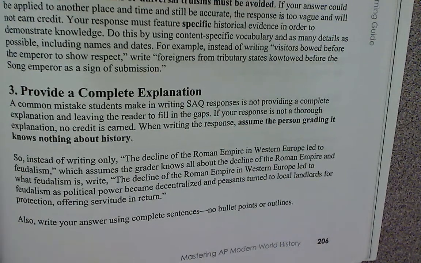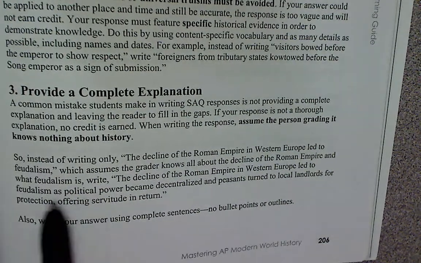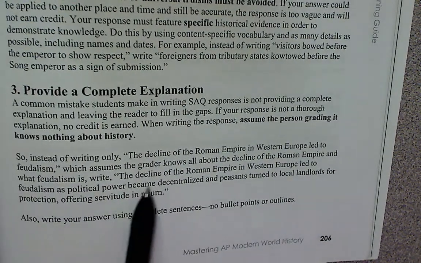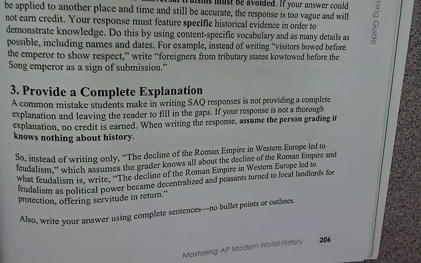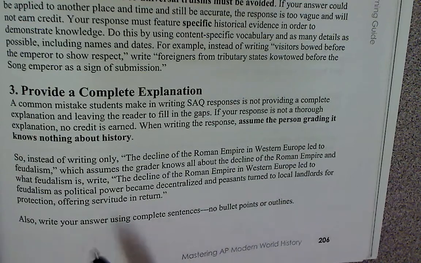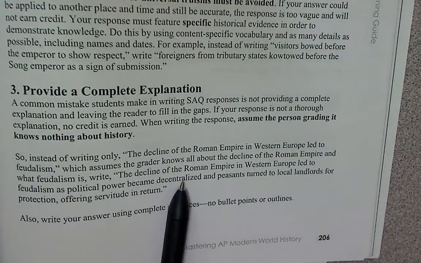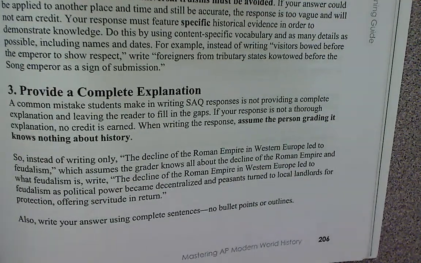Okay, so what does that have to do with history? Why is it important? It led to feudalism as political power became decentralized and peasants turned to local lords for protection. Okay, so that answers the so what. You want to make sure that you thoroughly answer your response.